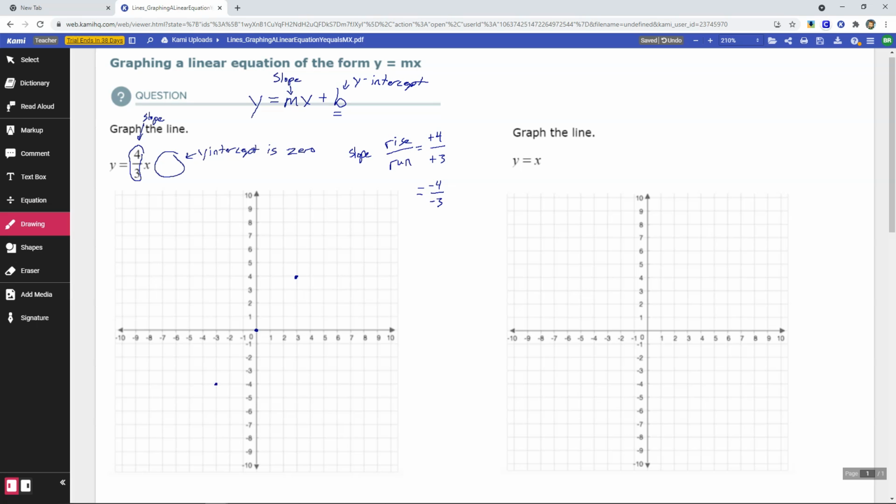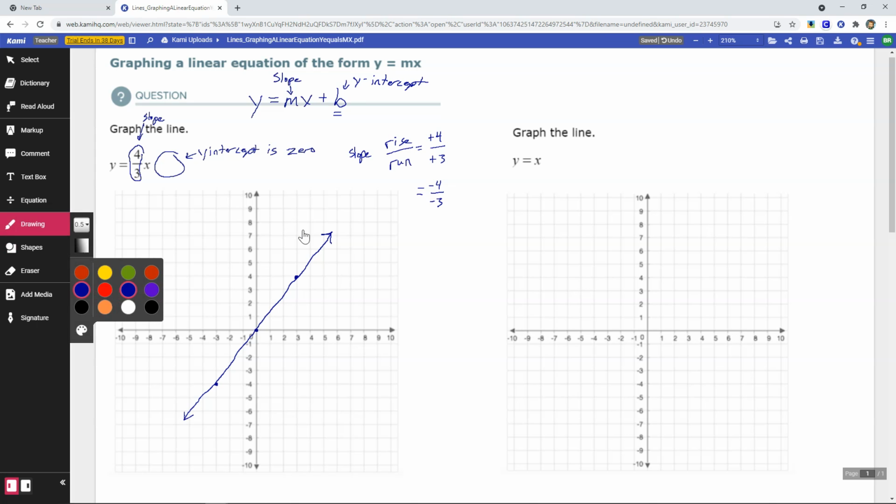So another valid point would be down here at -3, -4. Okay, that gives us plenty of points to draw our graph. We're done with that one.